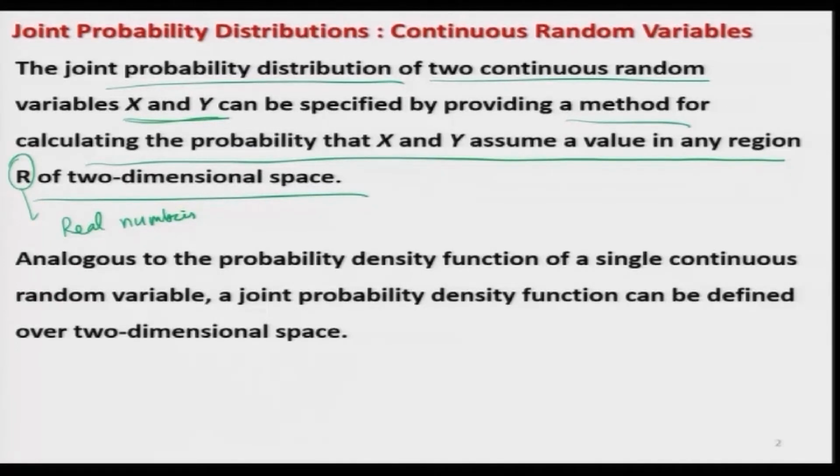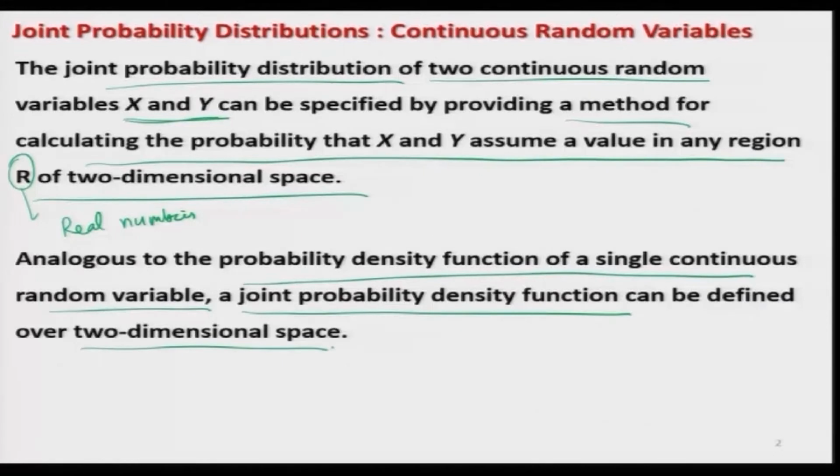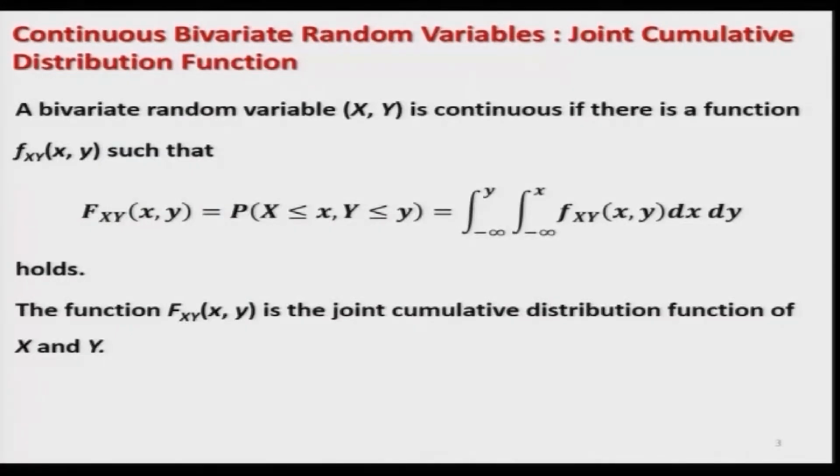So, similarly, the concept of probability density function of a single continuous random variable can be extended to a joint probability density function and can be defined over a two-dimensional space or a multidimensional space. So, now first we try to define the cumulative distribution function, but in the case of joint probability. So, we have the definition of joint CDF, right.